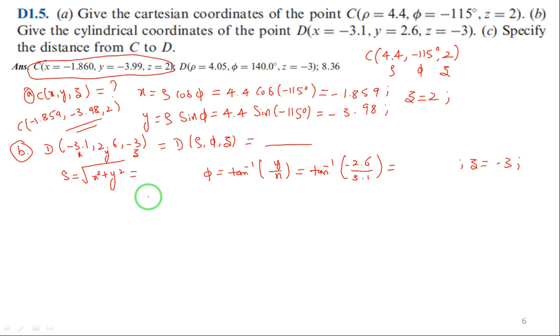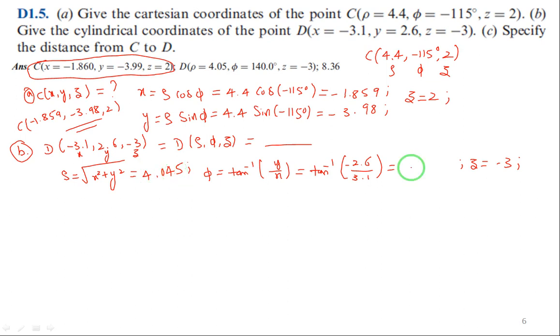Yes, correct. 4.045. Similarly, calculate phi. Tan inverse of minus 2.6 divided by 3.1. So minus 39.98 degrees.